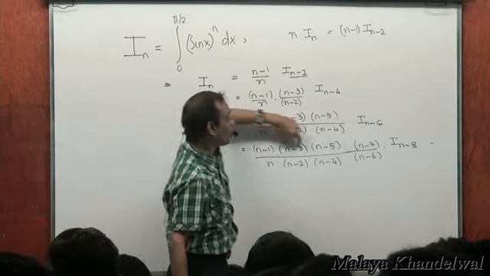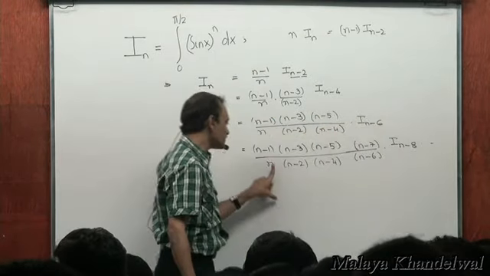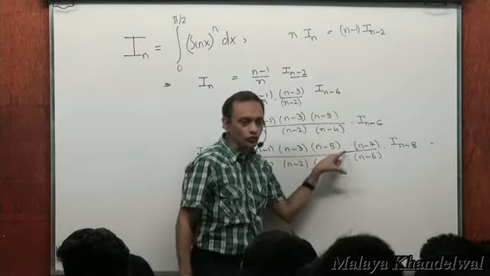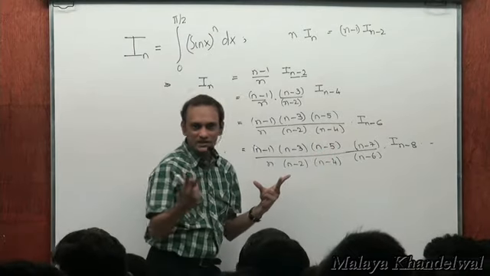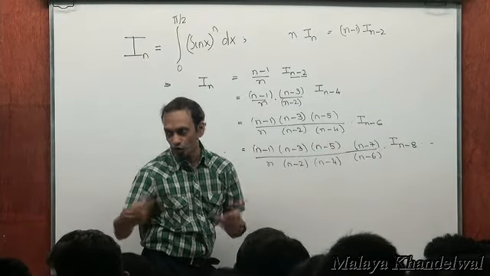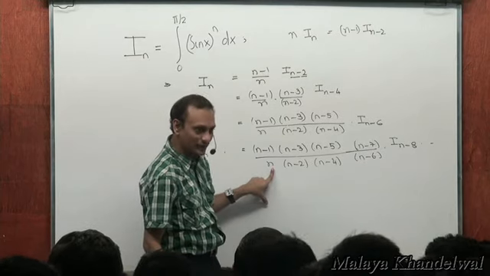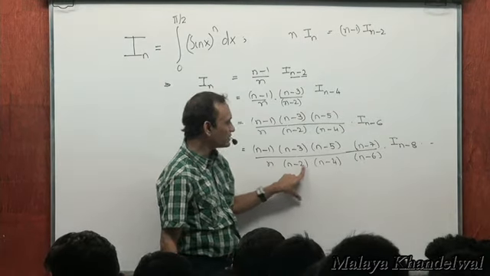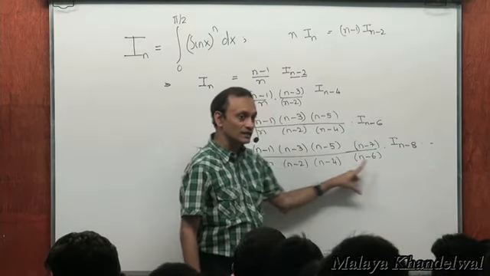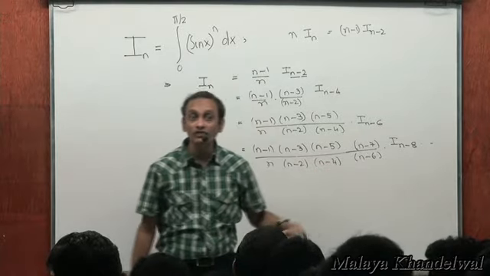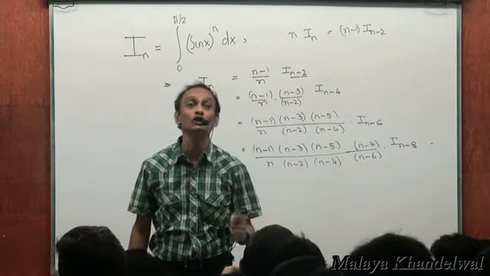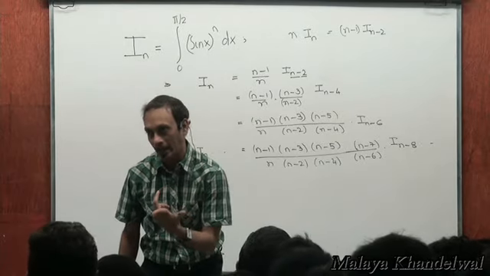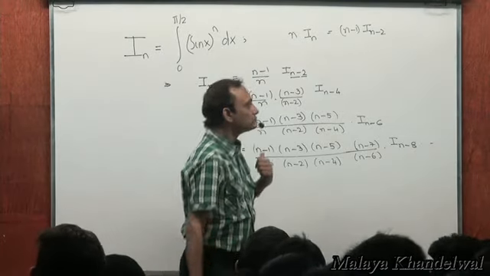If n is even, all will be odd, because they all differ by 2. If two numbers differ by 2, then they would either be both even or both odd. Same with the denominator: n minus 2, n minus 4, n minus 6 have the same parity. Either all will be even or all will be odd, depending on the parity of n. Right?